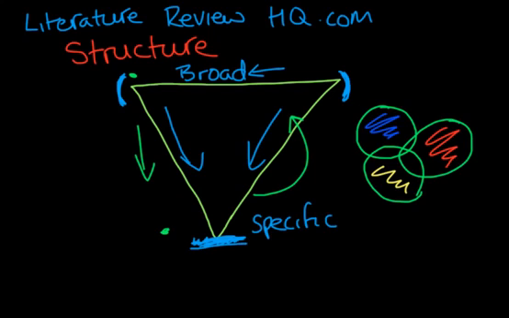You've got these two areas here which are related between themselves, these two areas are related between themselves, and these two areas are related between themselves. But then in the middle here, you've got this area, and that is essentially your literature review. That is where all these areas come together and actually explain part of the same thing.